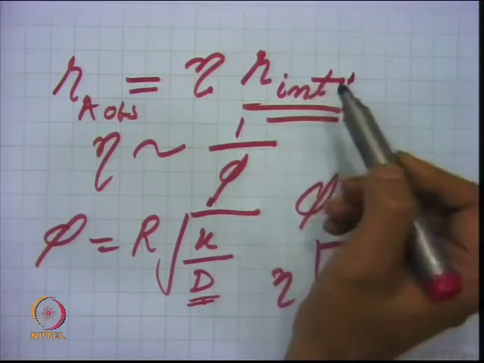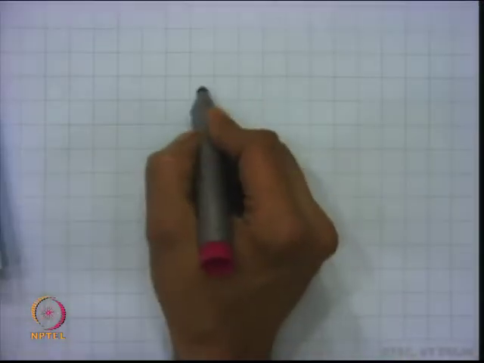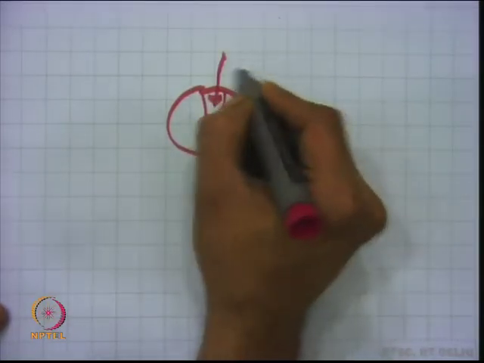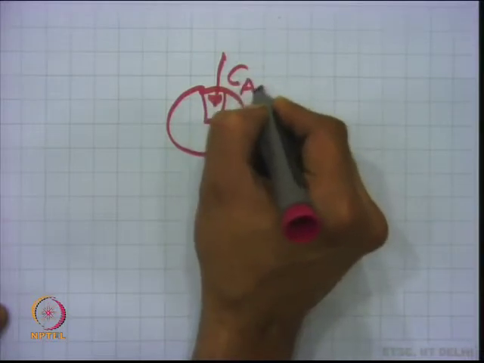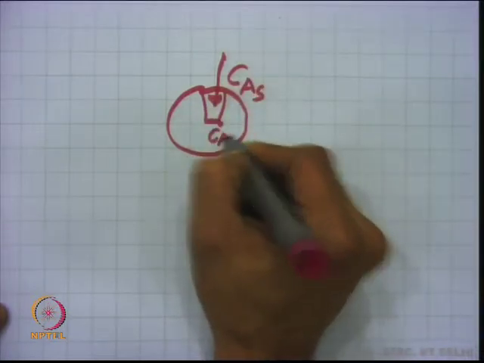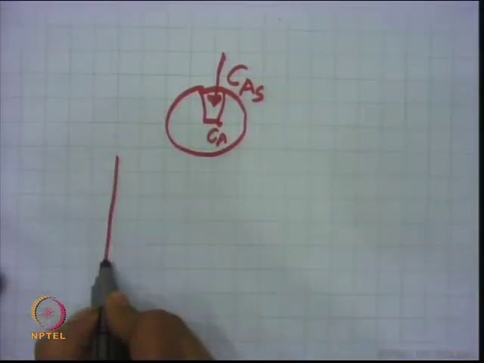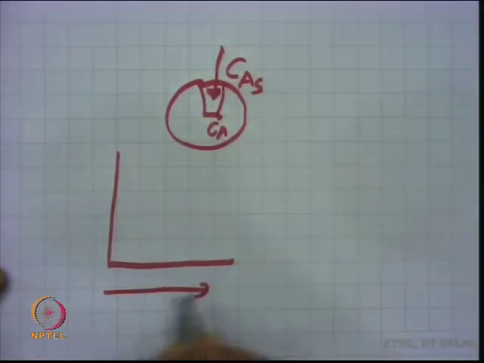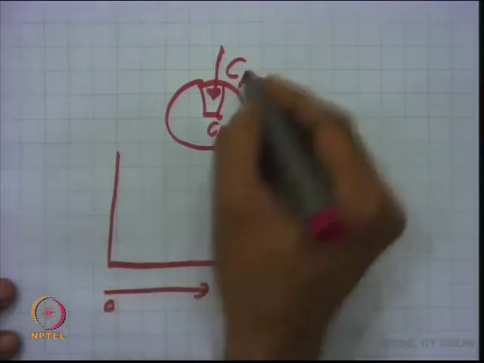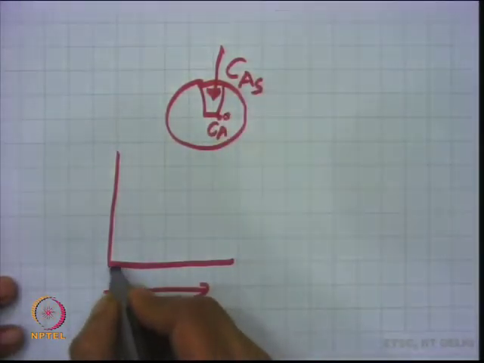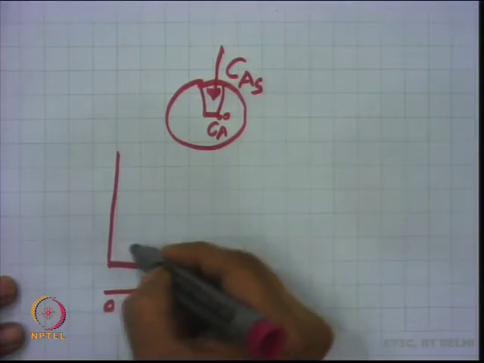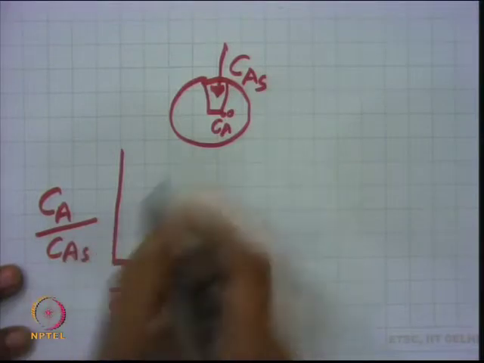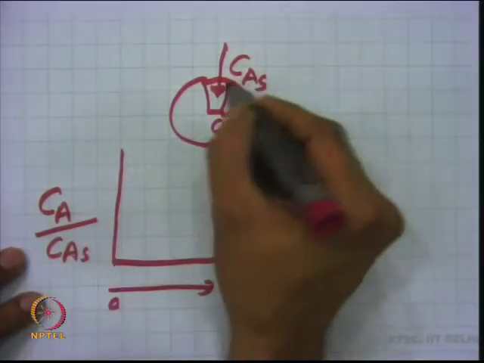So, effectively this is the rate when you have a pellet and there is diffusion into the pore of the pellet. Here it is some concentration CAS, and here it is some concentration Ca. When you have a diffusion resistance, your concentration profile from the center of the pellet, which I write as 0 here, will drop drastically. This is Ca divided by CAS, and CAS is 1 here.